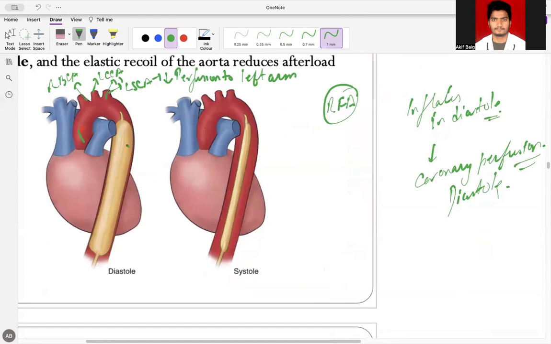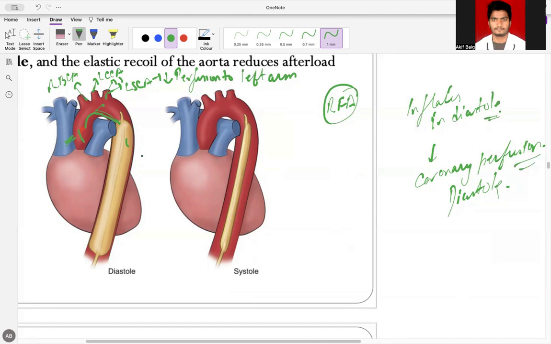If it inflates during diastole, the balloon sends the blood back in this direction, and it goes into the coronary arteries and thus helps in coronary perfusion, because there is no chance that this blood can go in the other direction, as the balloon is completely inflated.